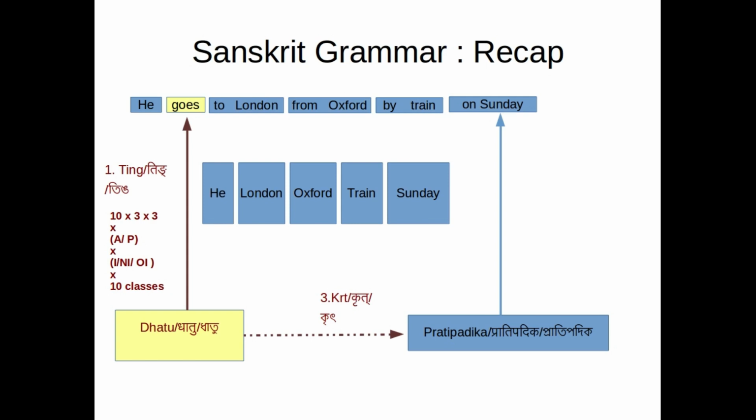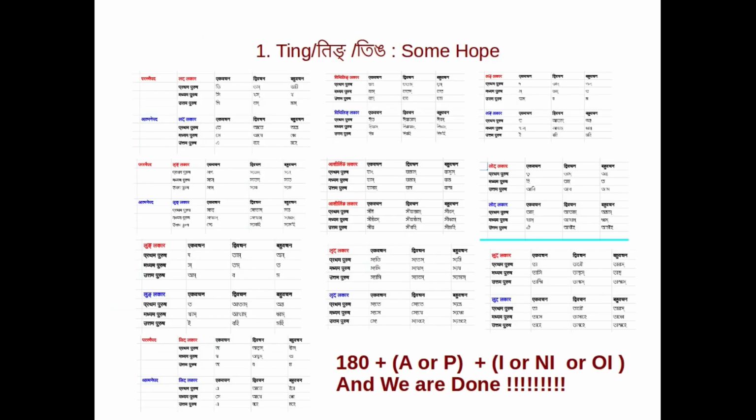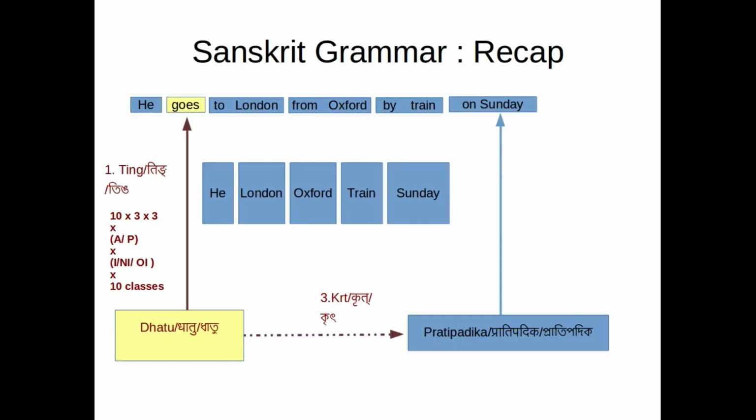So, the recap is that we have a sentence and this sentence has different things. One of the things would be the verb, which we will be forming from a Dhatu directly using Ting Pratyaya. For that, we have to memorize a table of 180 entries. And there would be some other words like he, London, Oxford, train, etc. Those words would be formed from Pratipadika using Sup Pratyaya.